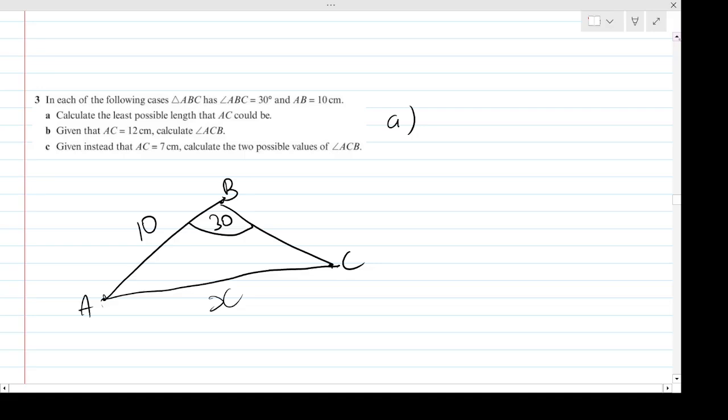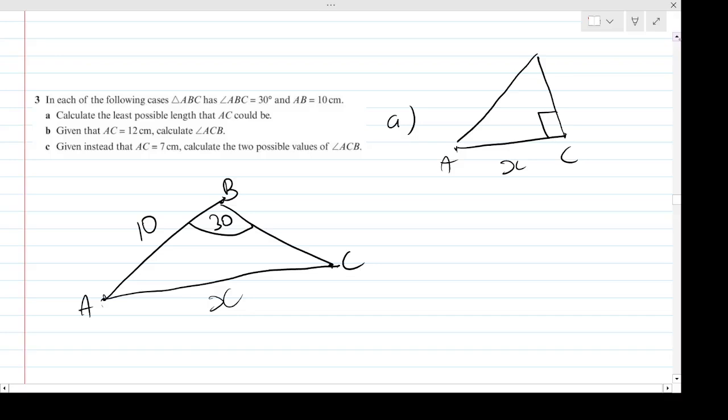So if that would mean AC then, say here, that means from C to B is going to be a perpendicular. Okay, that's what that means. The angle has to be a right angle if we want to find the minimum distance AC. It's the minimum distance when it's perpendicular to a line, so it's at a right angle to a line there.